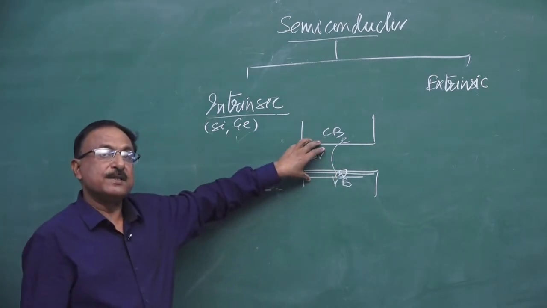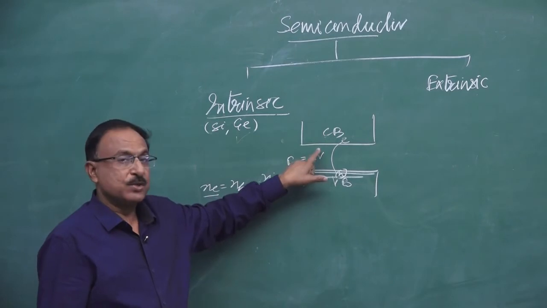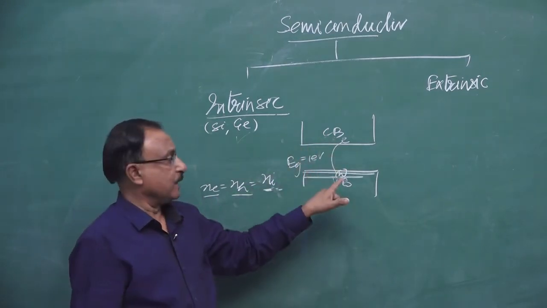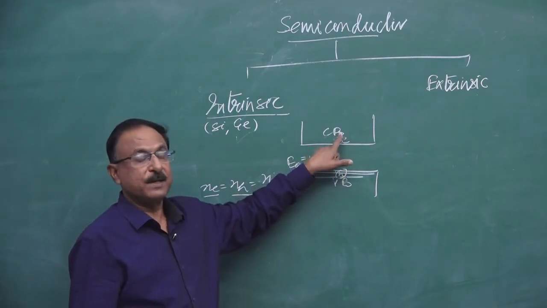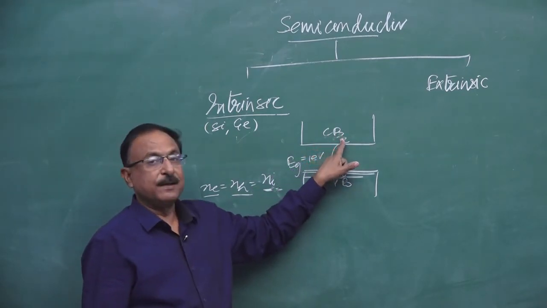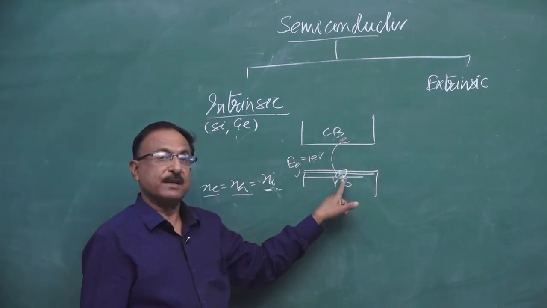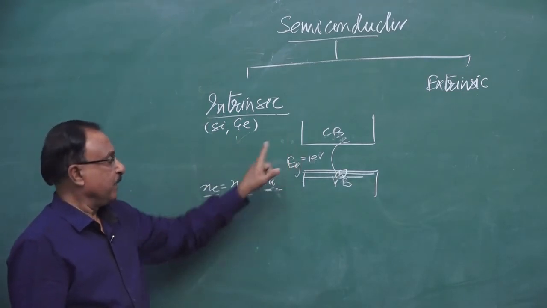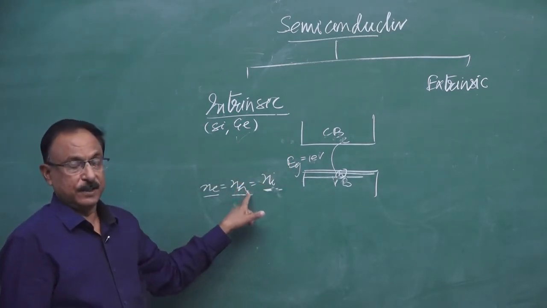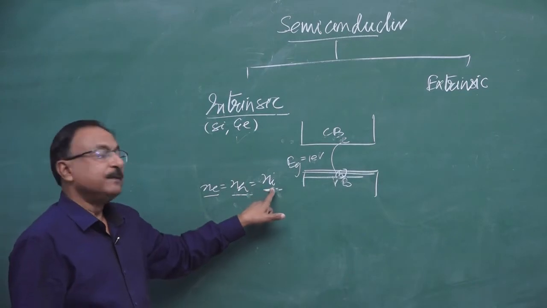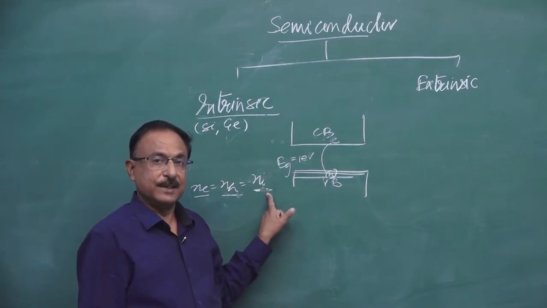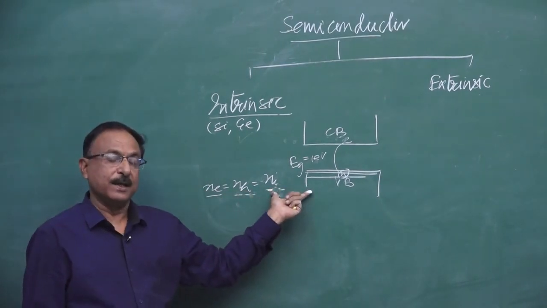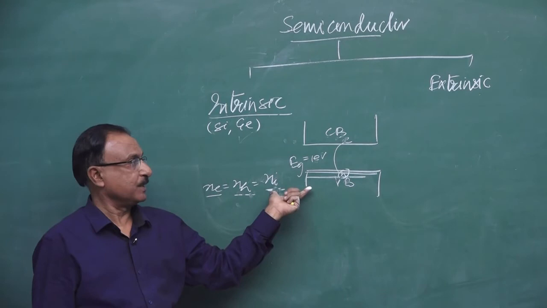In an intrinsic semiconductor, whenever you supply energy, an electron and hole pair is created. As the electron jumps from the valence band to the conduction band, one hole is left behind. So the electron density in the conduction band will be equal to the hole density in the valence band, right? And that we call the intrinsic charge density, Ni. Ne is equal to Nh is equal to Ni.